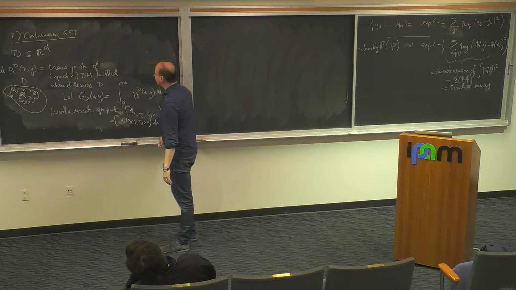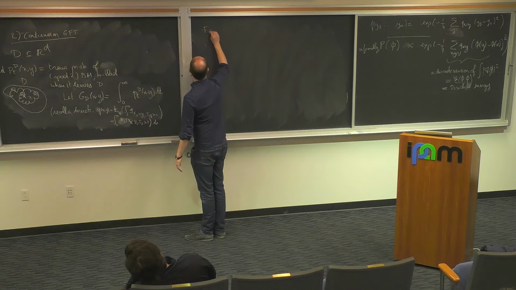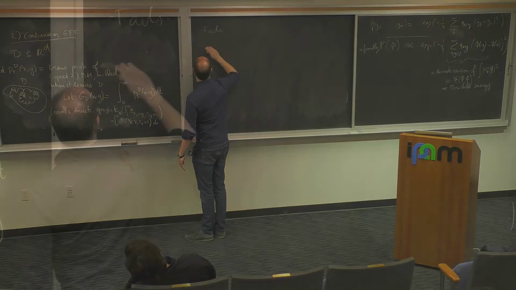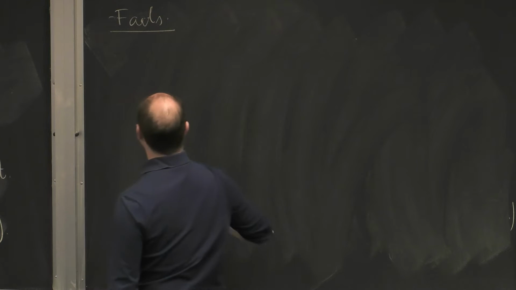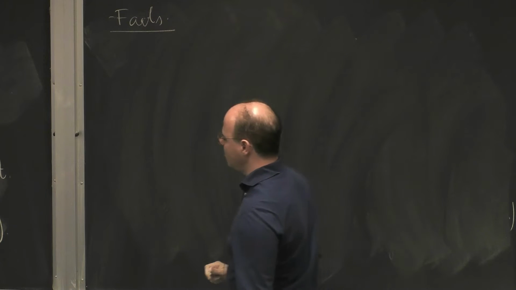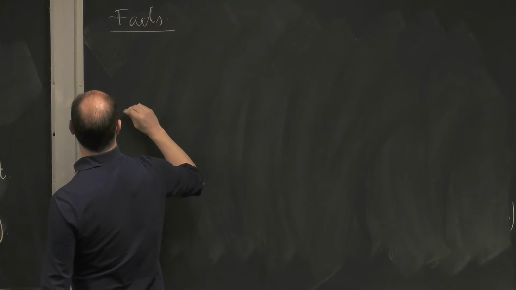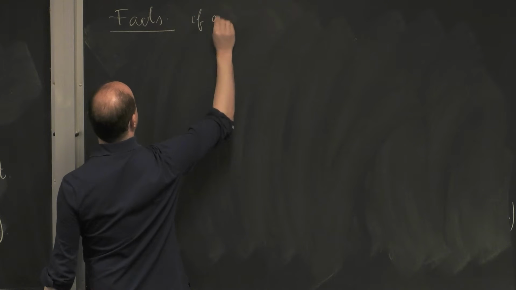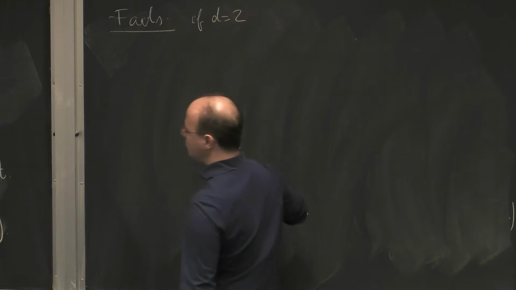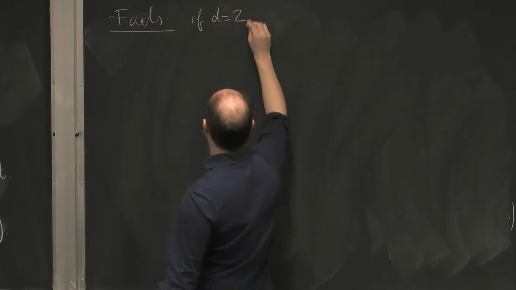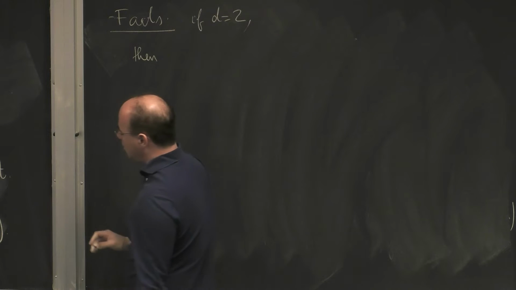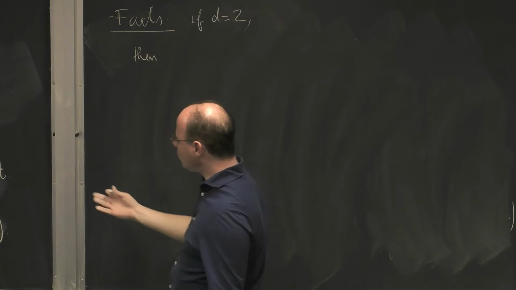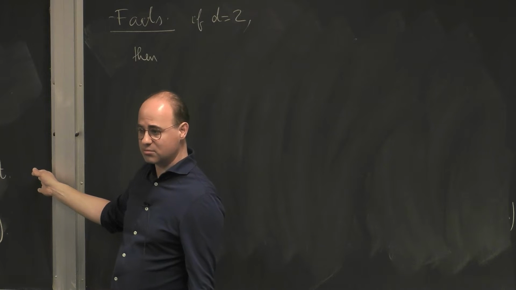So let me say a couple of facts about this. Let me take d equals 2, the dimension being 2. First of all, it's not obvious that this integral converges.